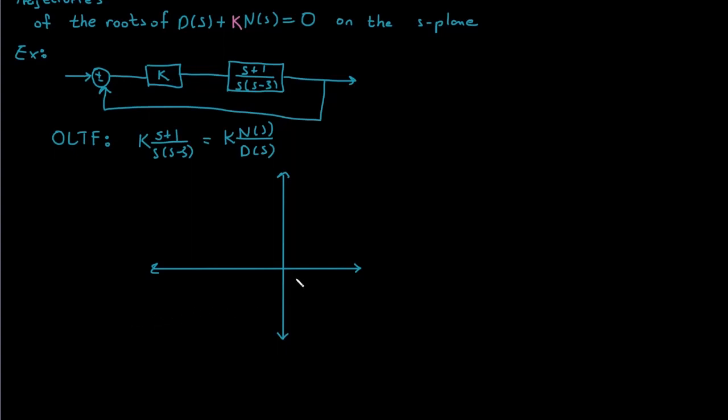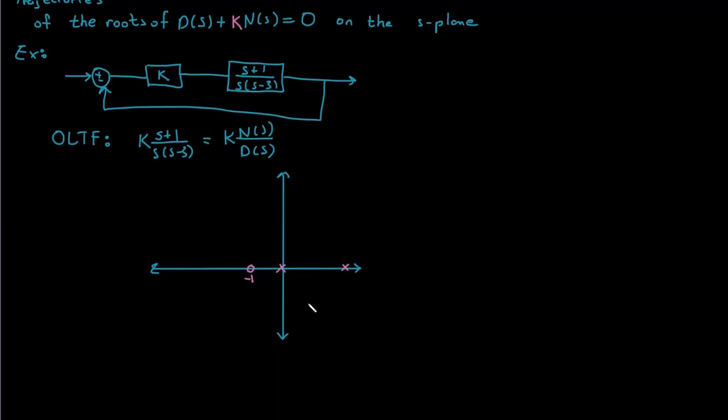Where are the open loop zeros? There is one at -1, so this point is -1, and I have 1, 0 over there. Where are the open loop poles? They are at the origin and at 3. So let this be point 3, and let this be the origin over here.